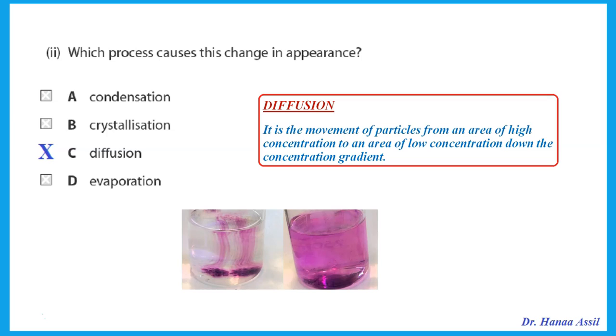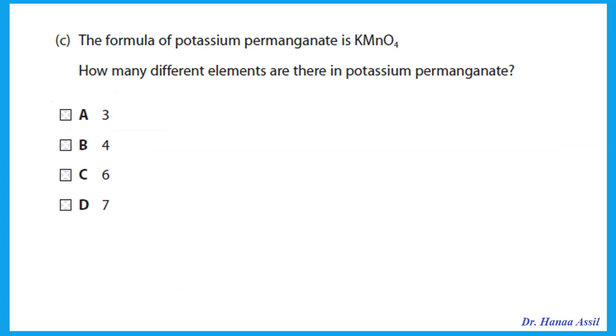This is down the concentration gradient, so it is diffusing through the gradual change in concentration from high concentration at the bottom to low concentration at the top.